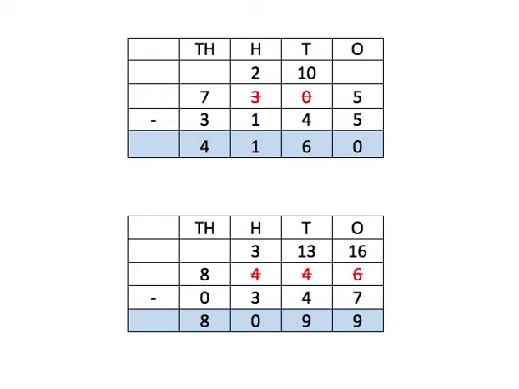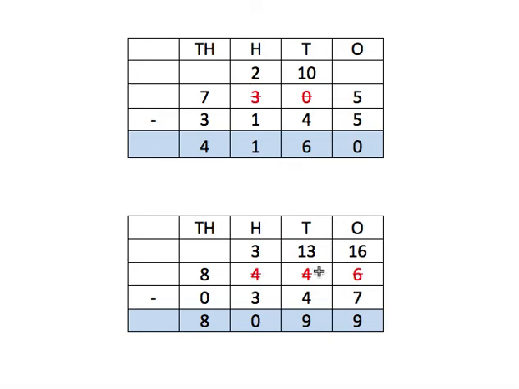Okay. I hope you have understood how to solve these sums. Let me tell you once again. We will always start from the right side, from the ones place, then tens place, then hundreds, and then thousands place. And whenever we find that a number cannot be subtracted from the number given above, we will always borrow from the next place value.